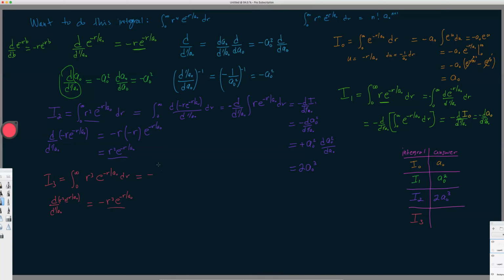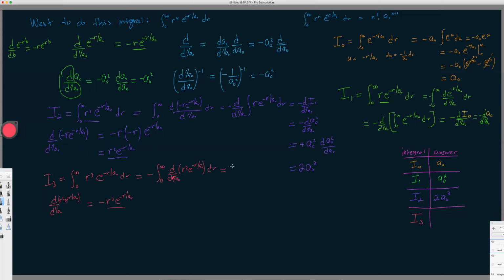So minus the integral 0 to infinity of d 1 over a naught, sorry, I don't know why I misspoke there, of r squared e to the minus r over a naught, and dr. And so I pull out the derivative once again.